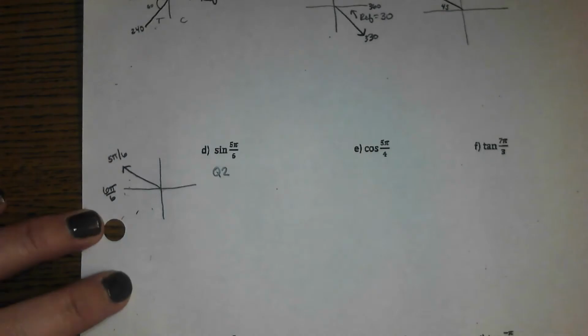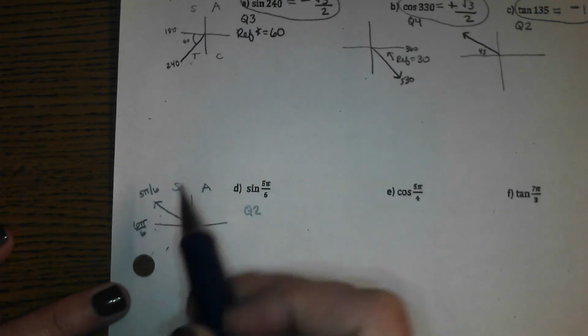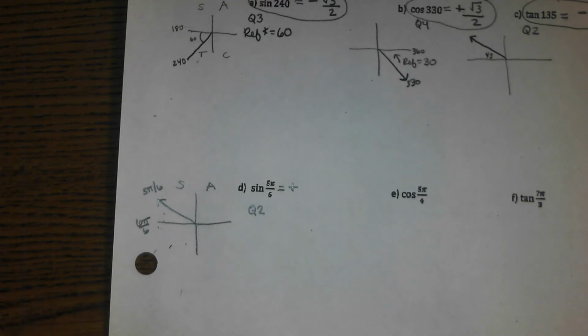So, who am I at? Owen, is this sign, since we're in quadrant 2, going to be positive or negative? All students, sign is positive. Reference angle, Angie?